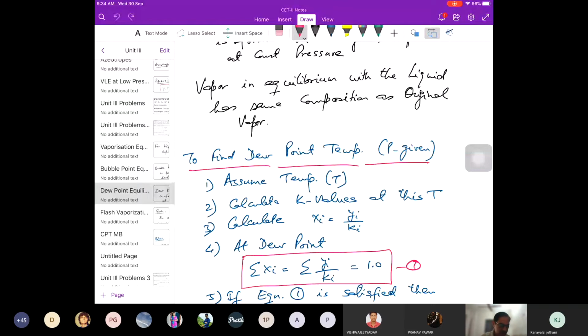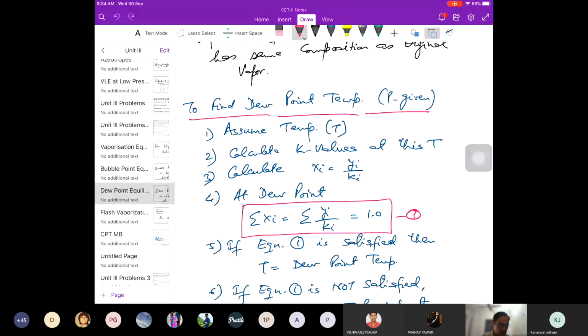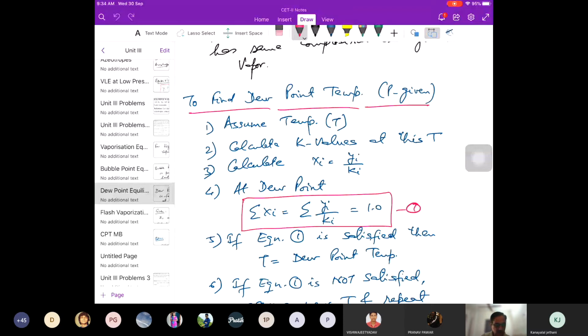Then calculate xi from k values, right? xi is equal to yi upon k because k is equal to y upon xi. And at dew point, because yi is known, xi calculate कर रहे हैं हम, right? So at dew point, summation of xi should be equal to 1.